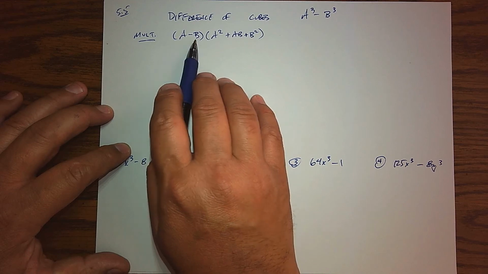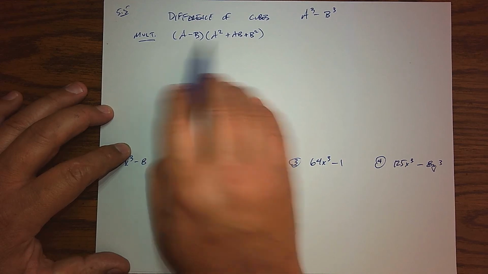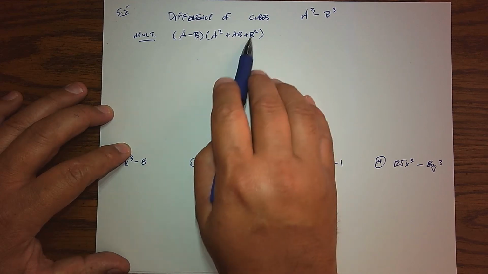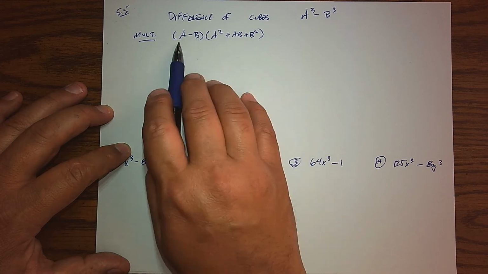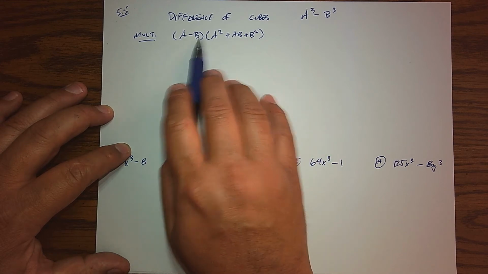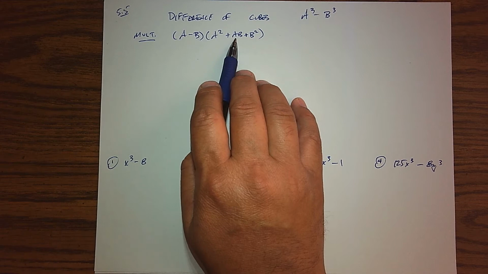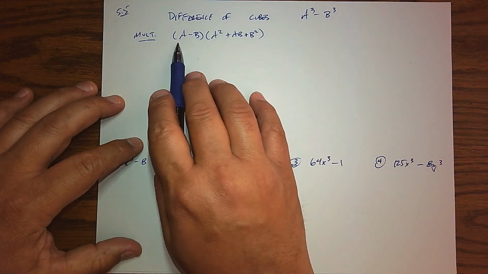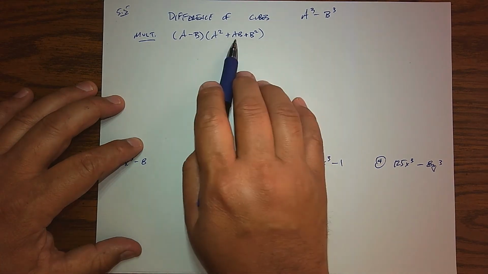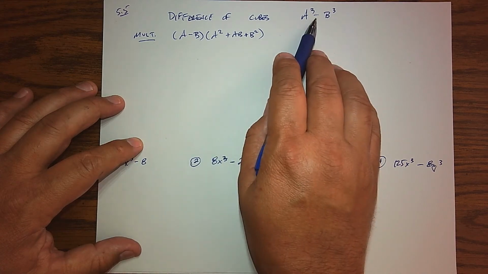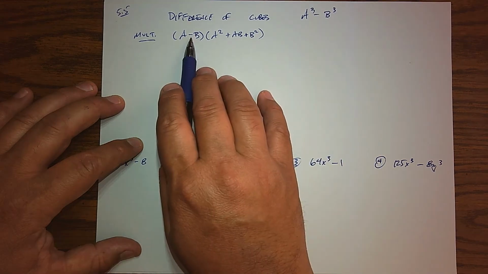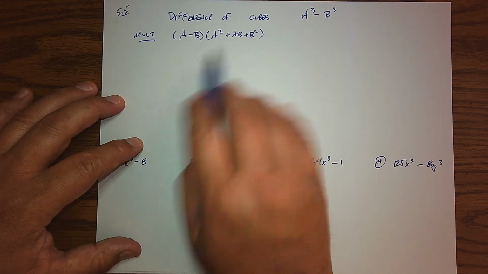Notice that the 2 terms in the binomial help create the terms in the trinomial. The first term is squared, the second term is squared, and their product is in the middle. The binomial is a difference, and everything in the trinomial is a sum.